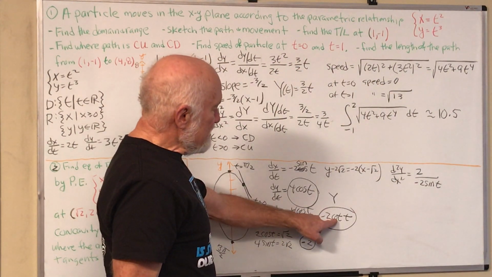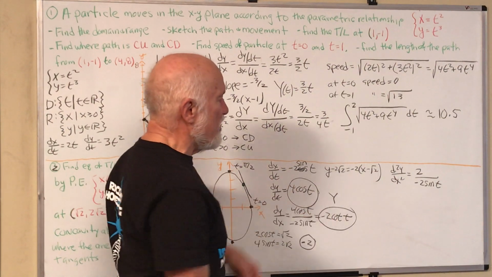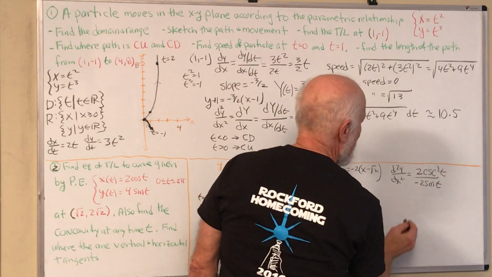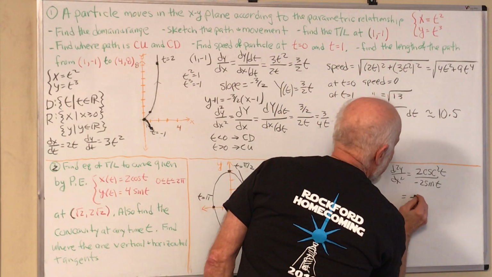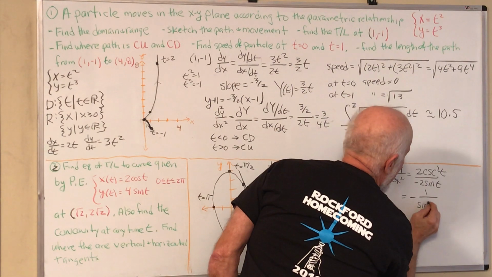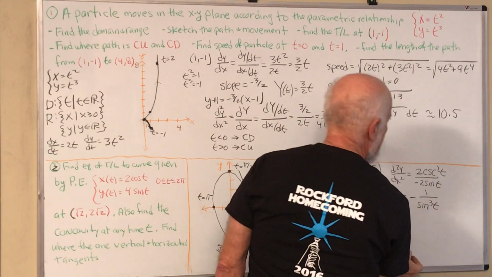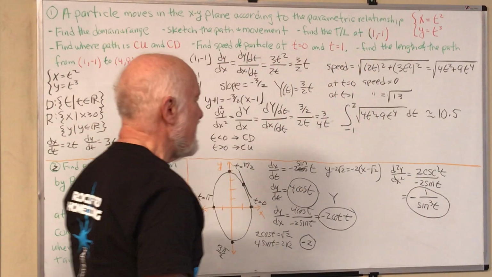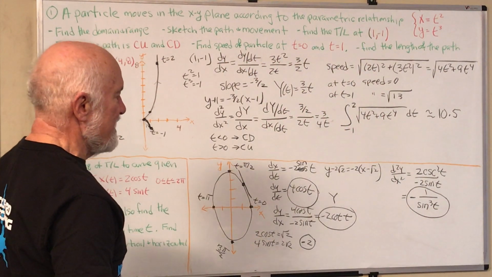And the derivative of tangent is secant squared, so this is cosecant squared. So altogether you get negative 1 over sine cubed of t. So there's an expression that will give the concavity at any time t.